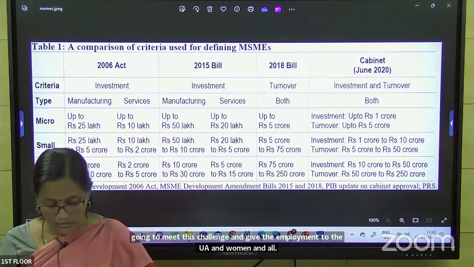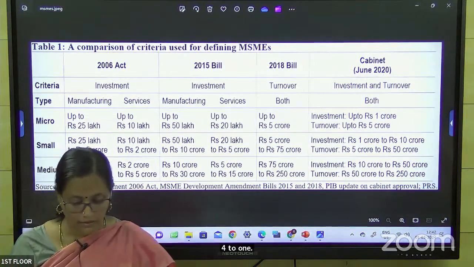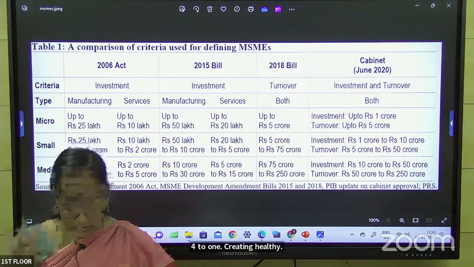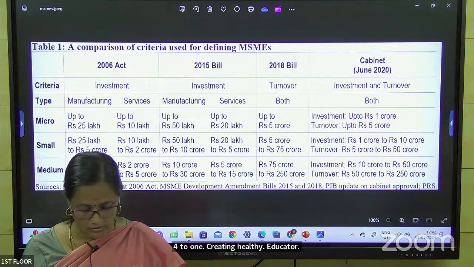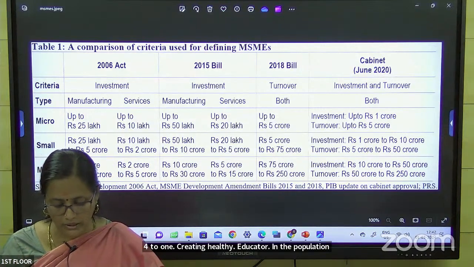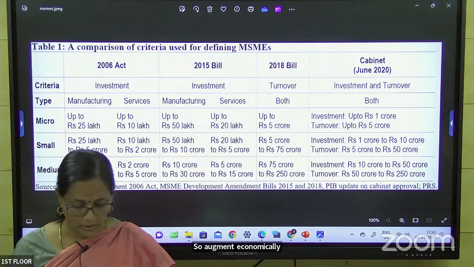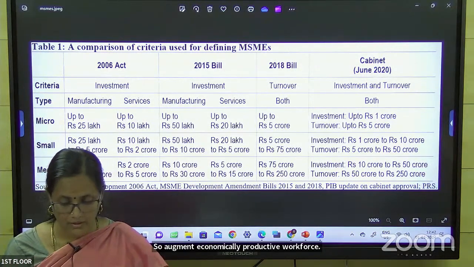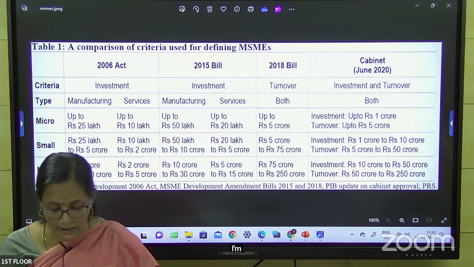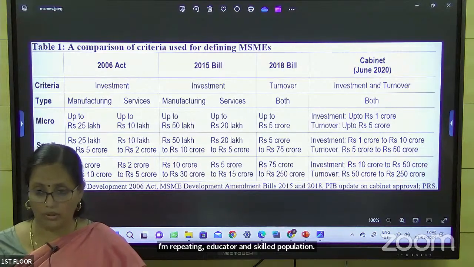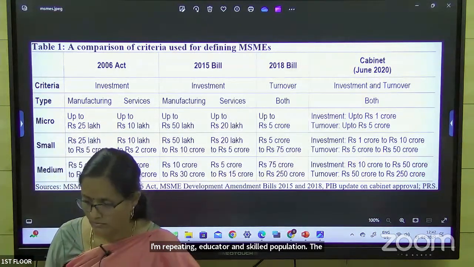Fourth one, creating healthy, educated, skilled population to augment economically productive workforce.